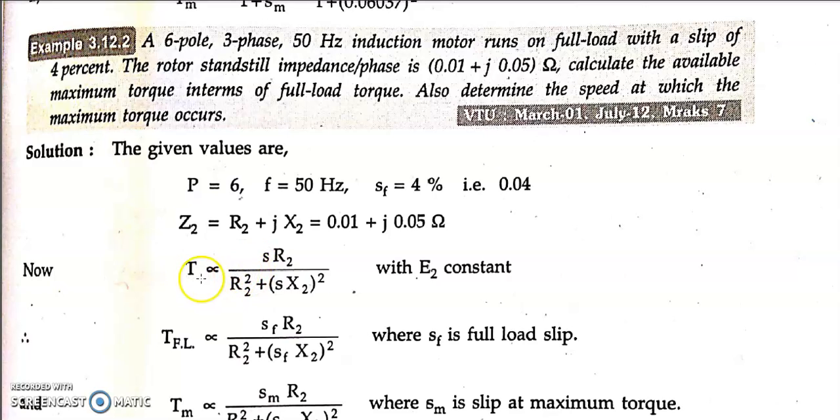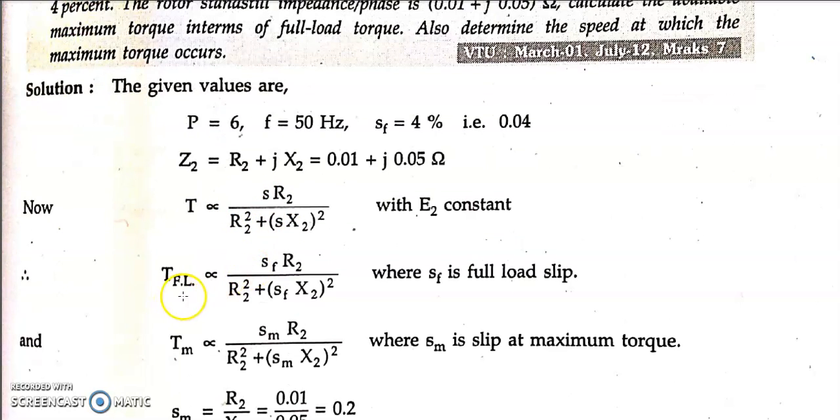Okay. You can see the general formula. We know that T is equal to K times S E2 R2 divided by R2 square plus S X2 square. Anyhow, we know that EMF E2 remains constant when the motor is running at a certain load condition. So E2 is constant in the rotor, I can remove that. So next, TFL: the same general equation we are writing in terms of TFL.